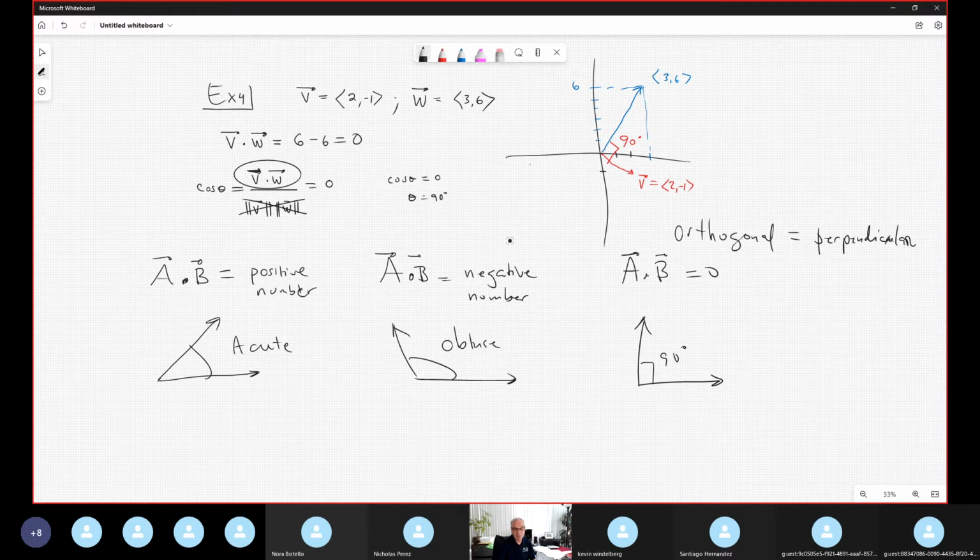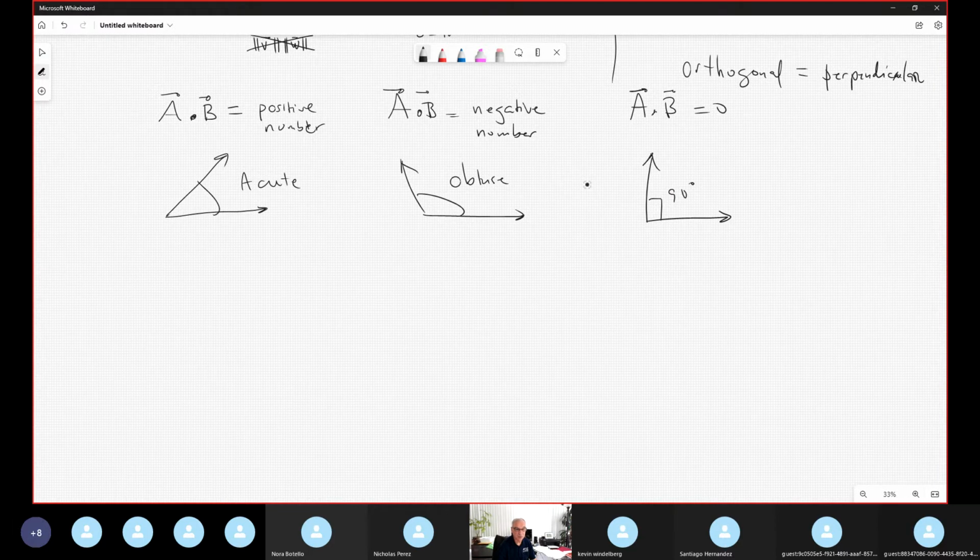And for parallel, the dot product fails a little bit, because you get a number, acute or obtuse, but you have no idea if it is parallel. So the traditional way to prove that two vectors are parallel is, suppose that we have 3 vectors, A, B, C. This vector is 1, 2.